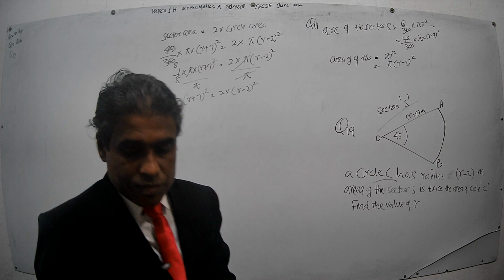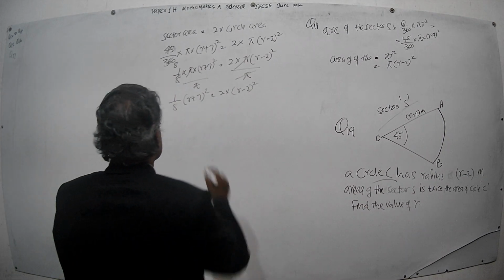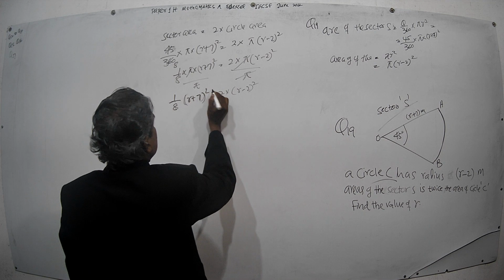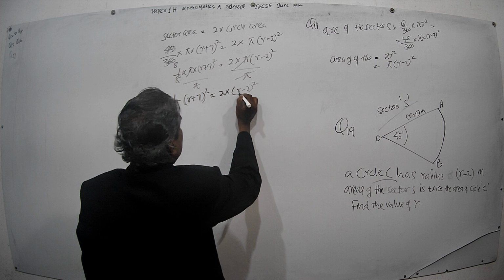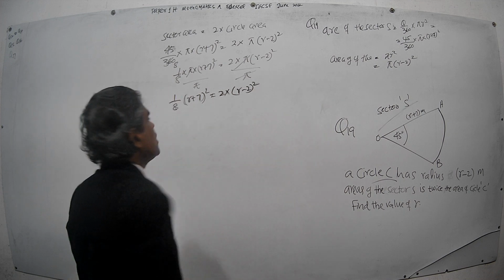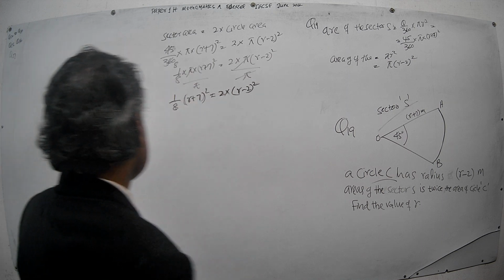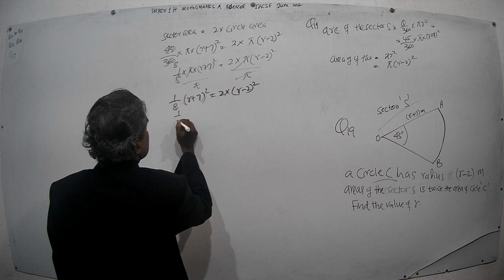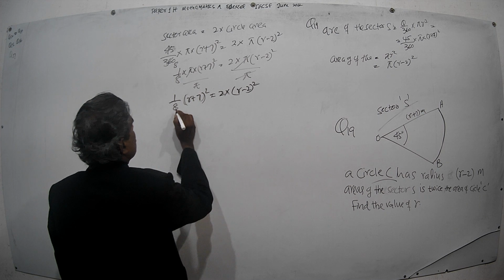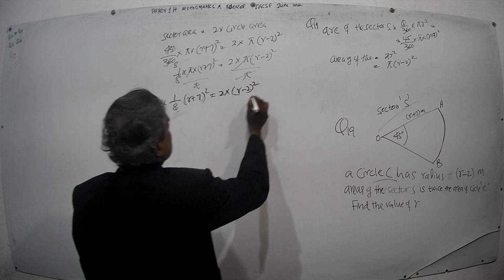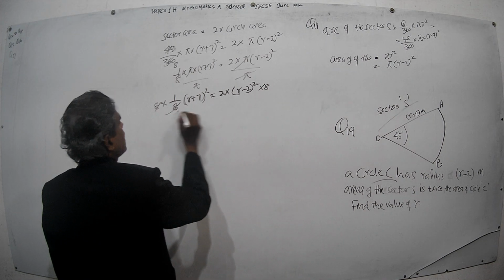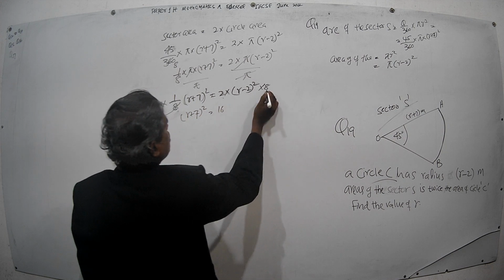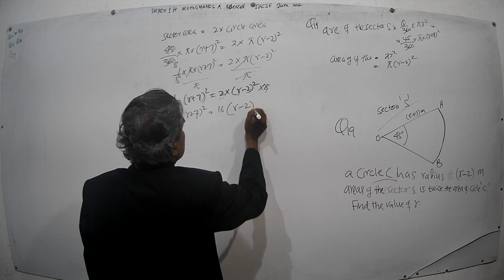Now we will try this one. 1 over 8 (R plus 7) whole squared equals 2 into (R minus 2) whole squared. This is the ultimate relationship. First of all, multiply by 8 on both sides. Then the 8 cancels: (R plus 7) squared equals 2 times 8, which is 16, times (R minus 2) squared.